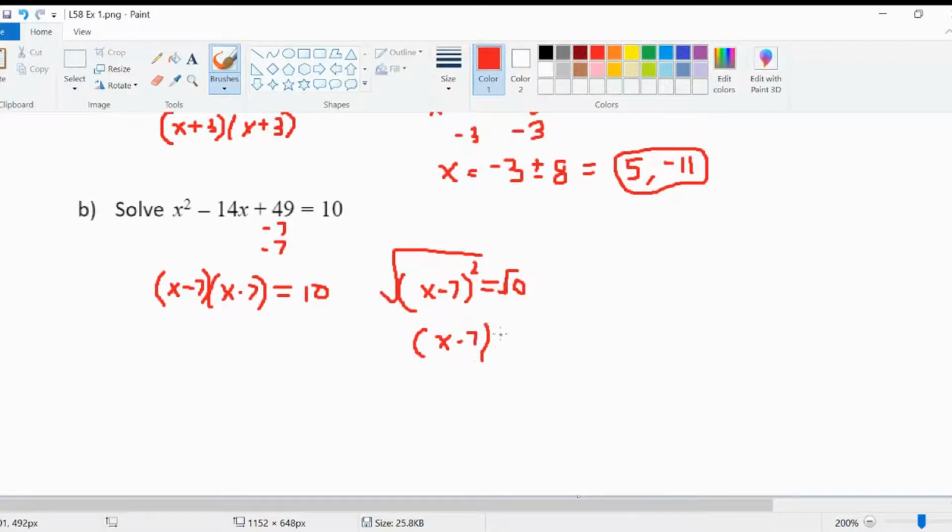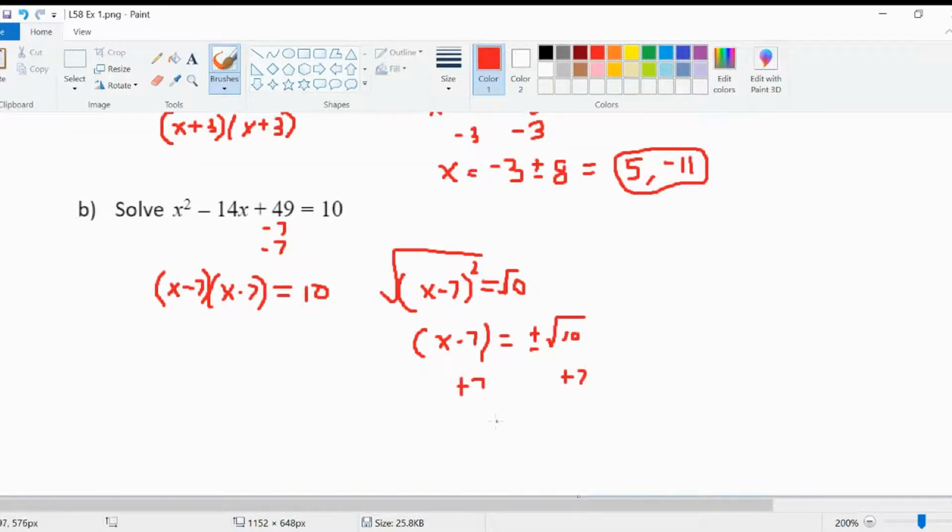Now, the square root of 10 is not a perfect square like 64 was above, so we'll just leave it in radical form. And we would simplify its radical form if we could. This one we cannot, so this one is just going to be plus or minus the square root of 10. And to get x alone, ultimately, we would add 7 to both sides.